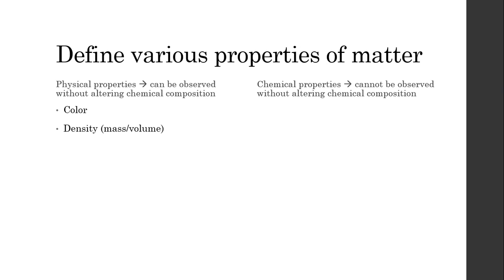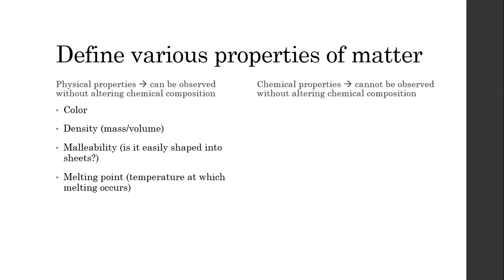Same deal with density, which is mass over volume. Malleability, which is another word for flexibility. How easy is it to shape your sample into sheets? Think of aluminum foil. Aluminum is easy to make into those flat sheets, which is why it is that way. We have melting point, which is the temperature at which melting occurs, and boiling point, which is the temperature at which boiling occurs.